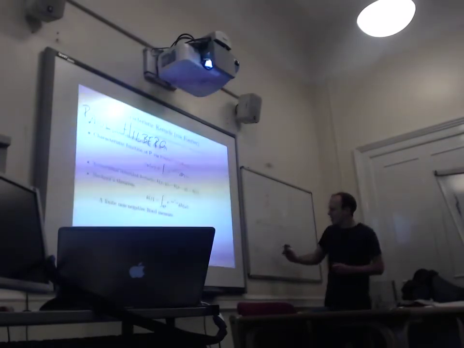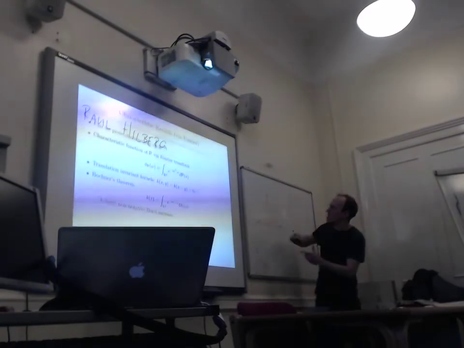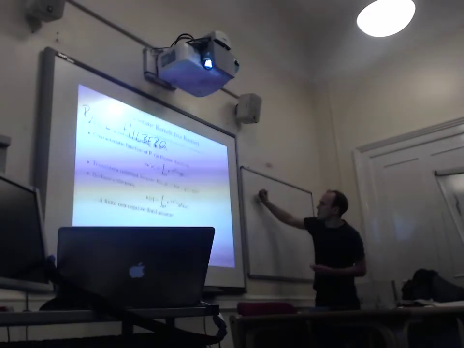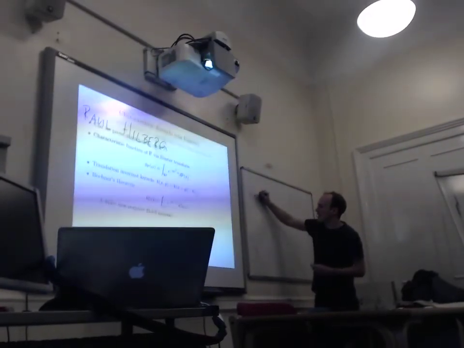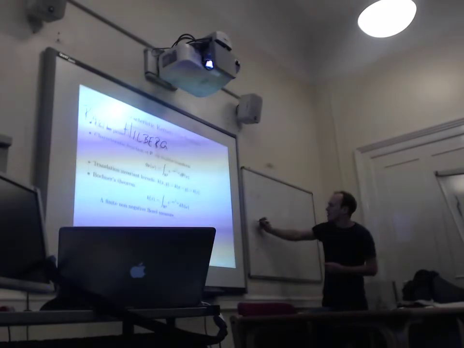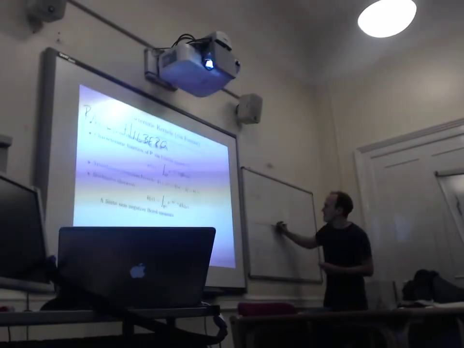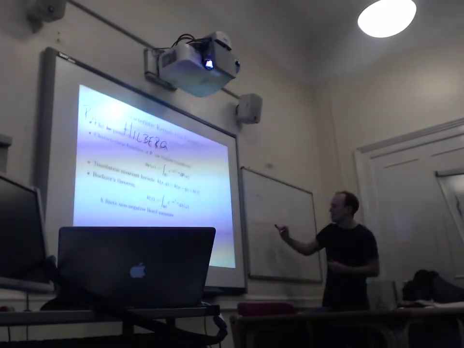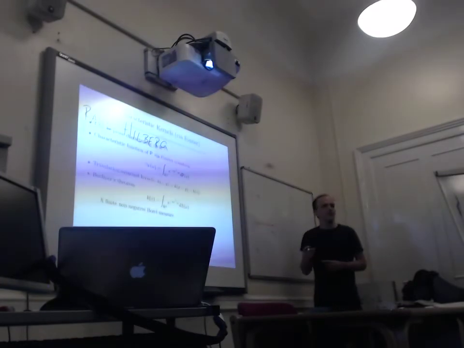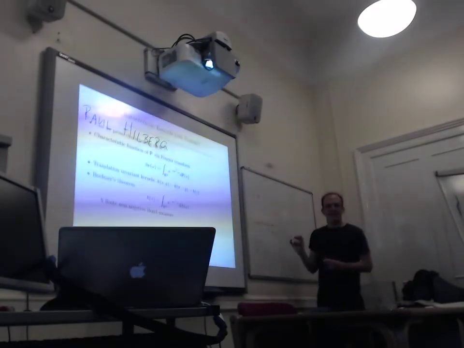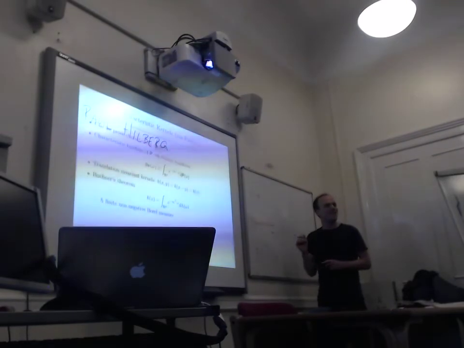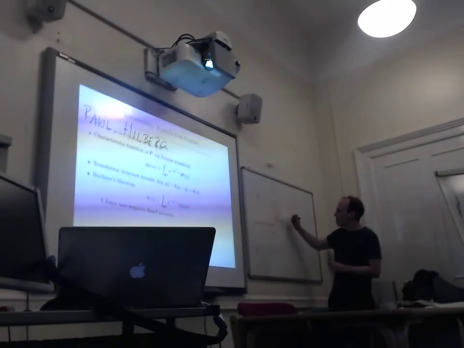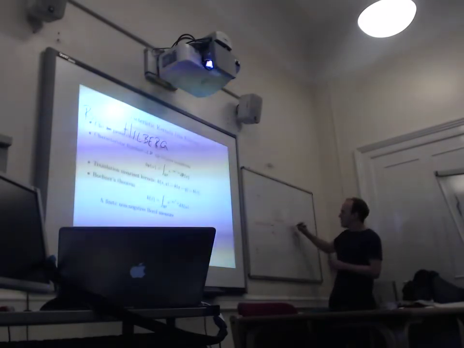Let's look at a different example. If I gave you a kernel k of x minus y, and this kernel looked like this, where this is x minus y and this is the kernel function, it's just the top hat function. Does anyone think that this is a kernel? Does anyone think it's not a kernel? Let's look at its Fourier transform.